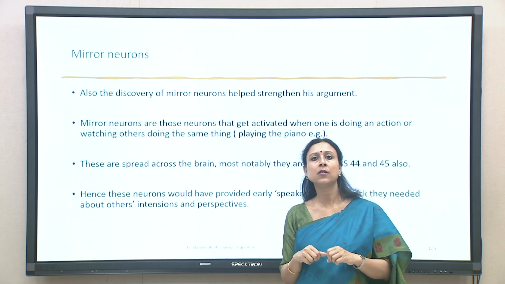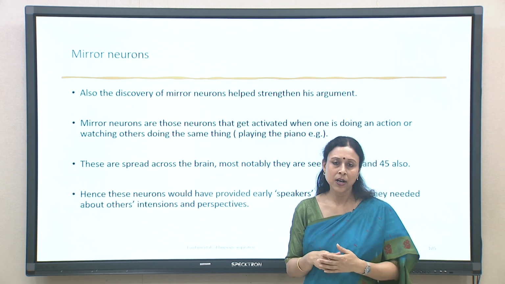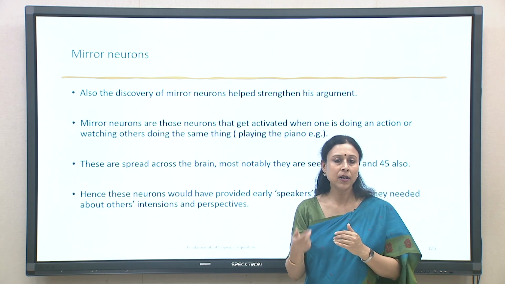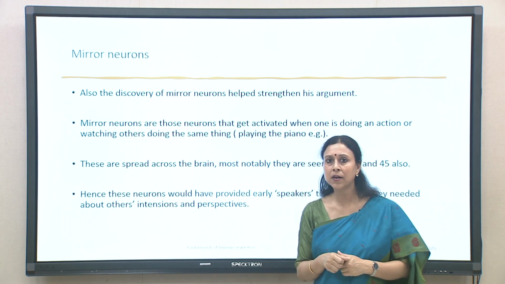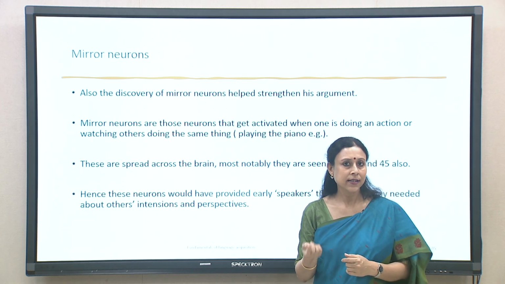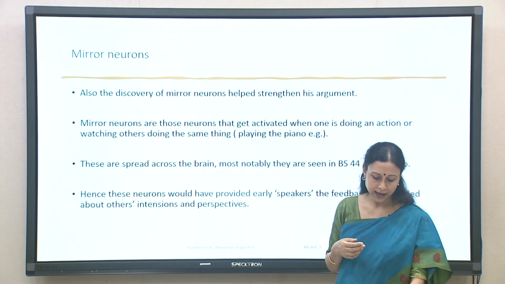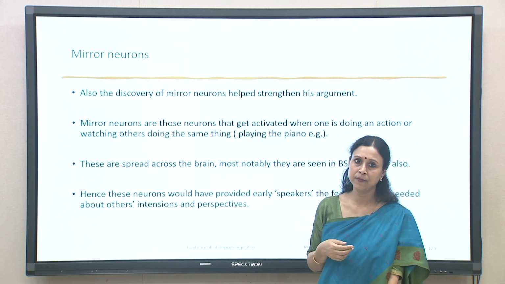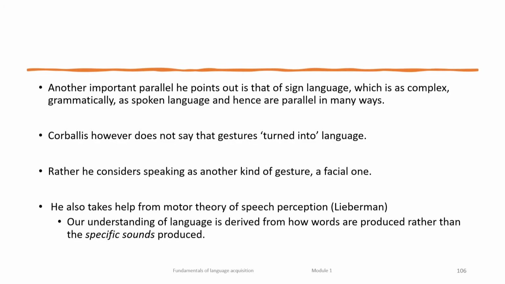That is why we see people getting emotional about a dropped catch or a missed run or a run out, because you are imagining yourself there. Your mirror neurons are helping you feel that. So, this is what he actually said, that because mirror neurons have this particular function, this would have given our ancestors some sort of feedback about how this works. So, mirror neurons are another domain of proof as far as Corballis goes.